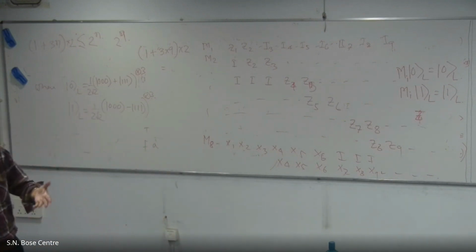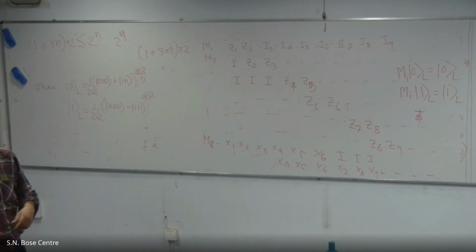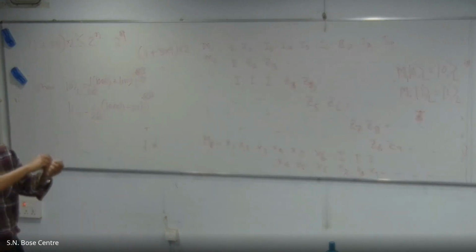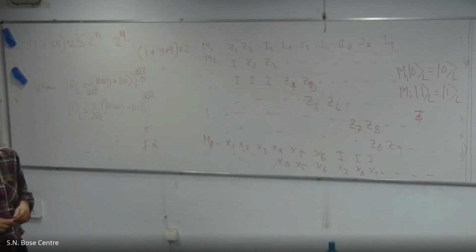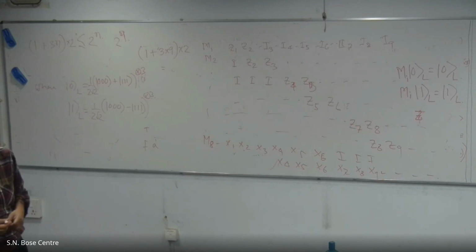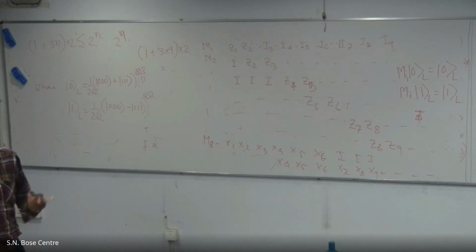On the other side, you measure these 8 operators, and if all are plus 1, you are okay. The quantum information has come through correctly. But if some of them are minus, then you know which particular error has occurred on which qubit, you correct it, and finally you get A0L plus B1L, and then you can decode and get the information back in your one qubit.